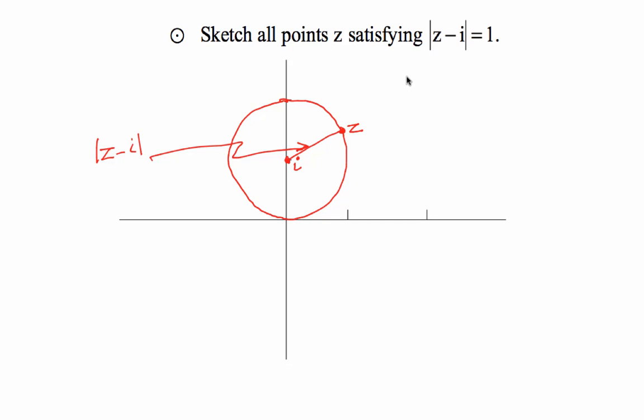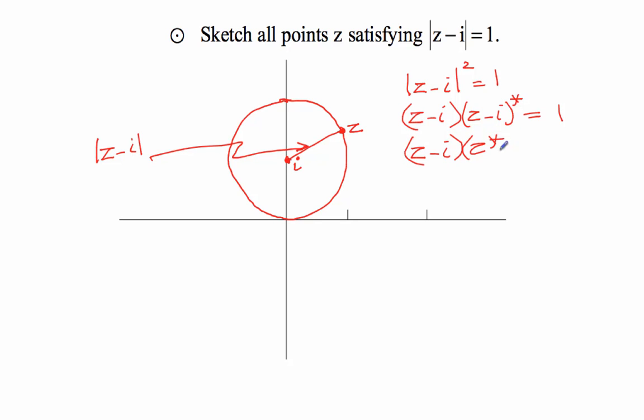But now let's confirm this in another way. So this is saying, equivalently, that the magnitude of z minus i squared is 1. And then I'm going to write this as z minus i into z minus i complex conjugate is 1. Then this is z minus i into z star plus i equals 1.